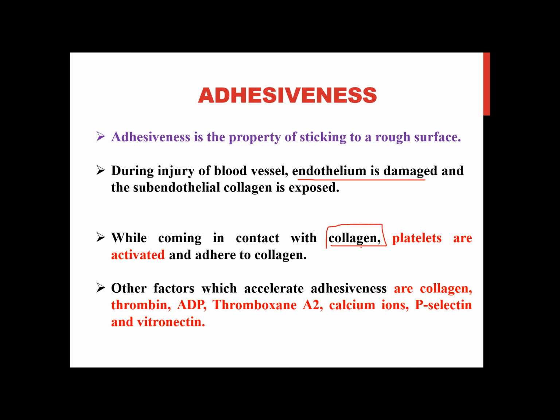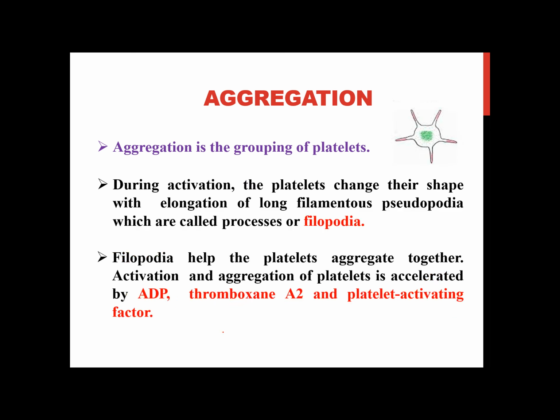So the platelets would adhere to collagen, and from there it would continue to aggregation and so on. Other factors which accelerate adhesiveness are collagen, thrombin, ADP, thromboxane A2, calcium ions, P-selectin, and vitronectin.